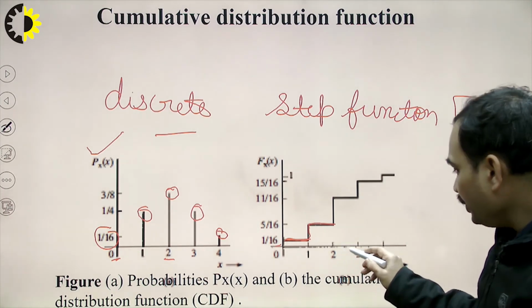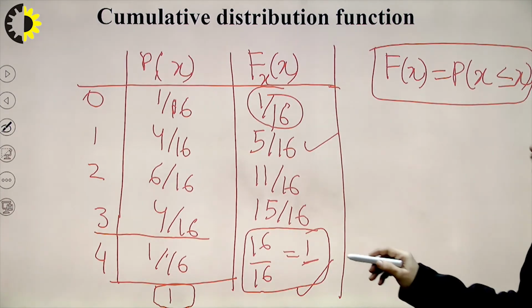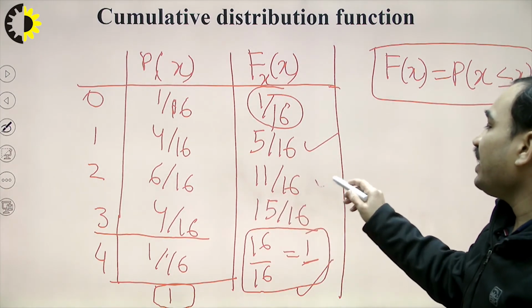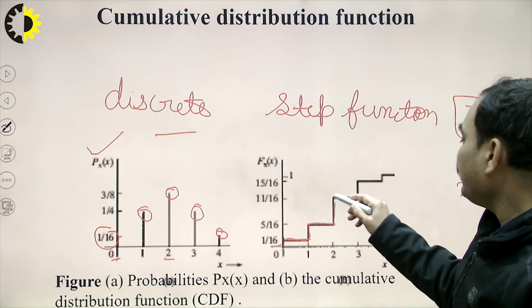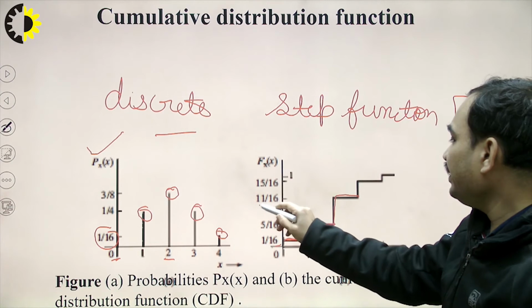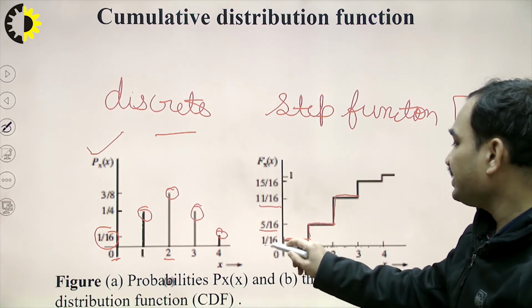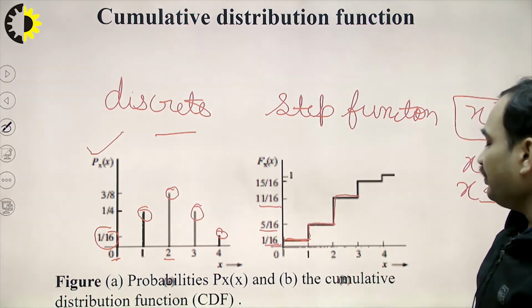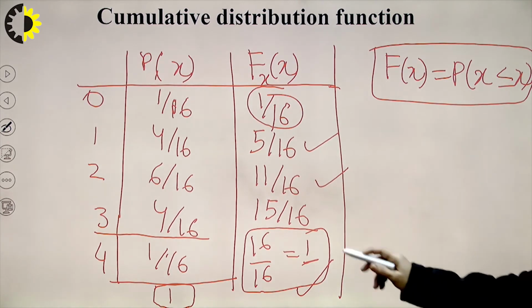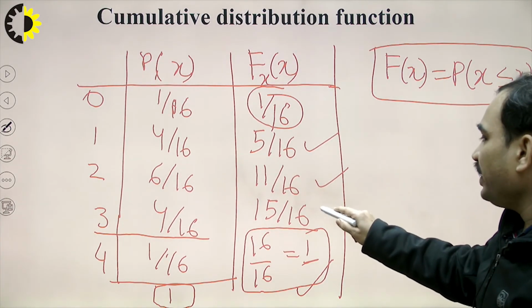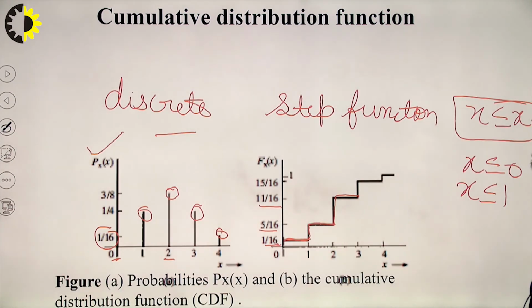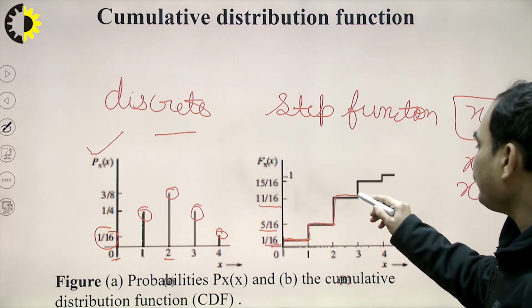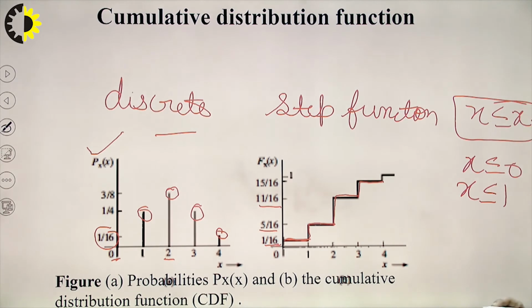Between 2 and 3, as you can see, we have 11 by 16. So we will represent it by 11 by 16. As you can see here, these are the values: 1 by 16, 5 by 16, 11 by 16, and the last step, for x equals 3, between 3 and 4 we have 15 by 16.